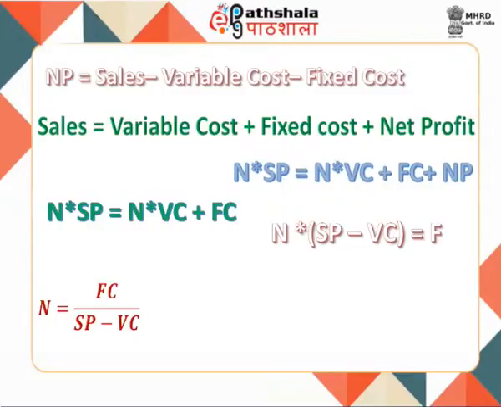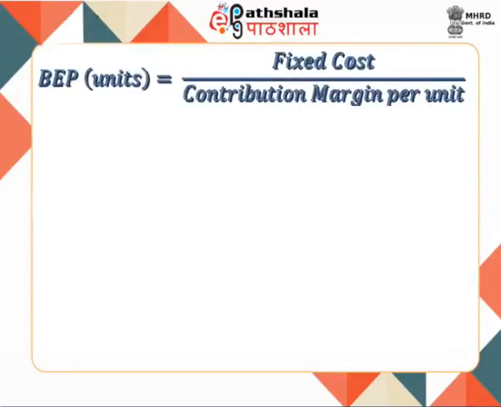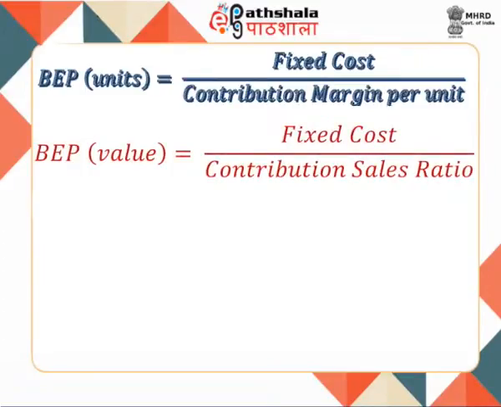And we have already explained selling price minus variable cost is equal to contribution per unit. Thus, we can say that N is equal to fixed cost divided by contribution margin per unit. Break-even point in units can be computed as fixed cost divided by contribution margin per unit, and break-even point in terms of value can be computed as fixed cost divided by contribution sales ratio.